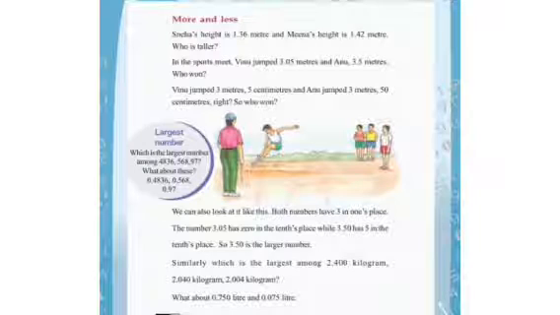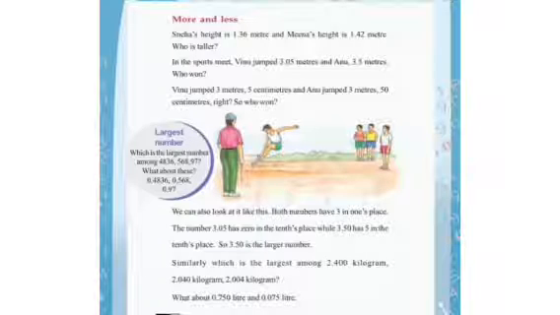Okay. Similarly, which is the largest among 2.400 kilograms, 2.040 kilograms, and 2.004 kilograms? Here, first we check the tenths place, that is the 1 by 10th place. Which is larger, 4, 0 or 0?